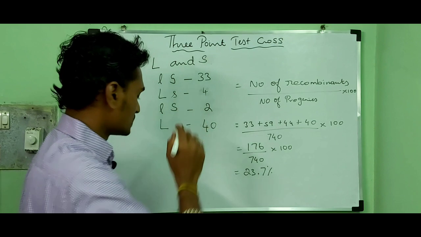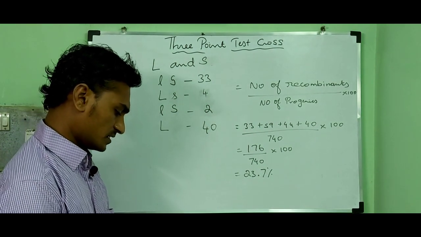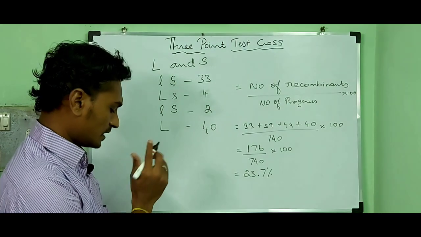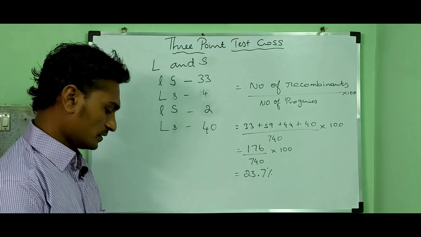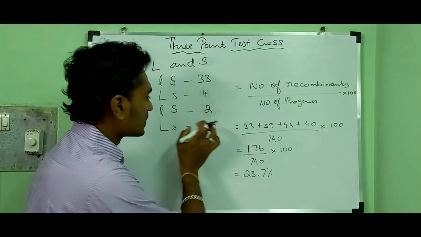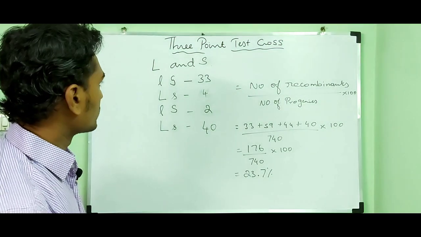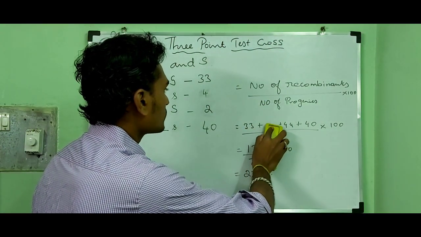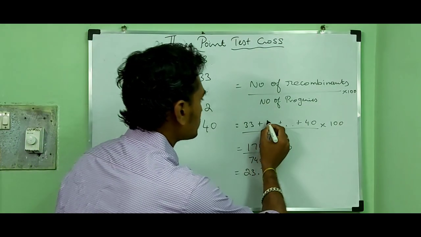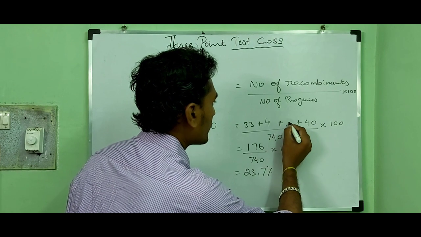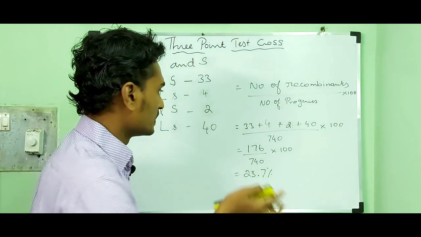Then the final one is glossy sugary, the gamete type is capital L and small s, and it shows 40 recombinants. Again we calculate these values: 33 plus 4 plus 2, divided by 740, times 100.